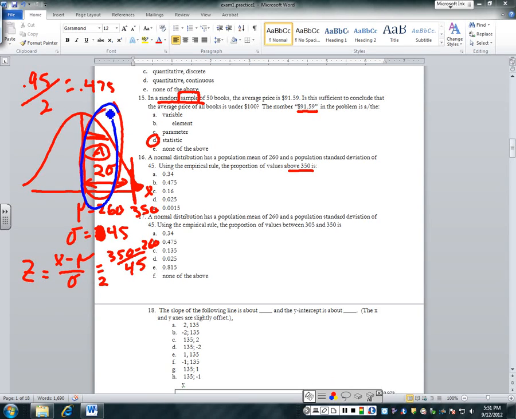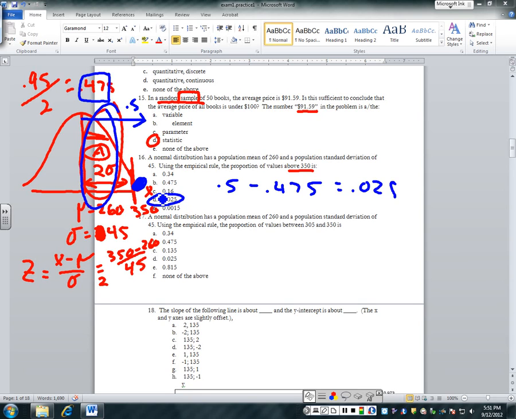But let's recall, or hopefully by now you know, that from the mean up is 0.5. So this area in this tail is just 0.5 minus 0.475, which is 0.025, or D.